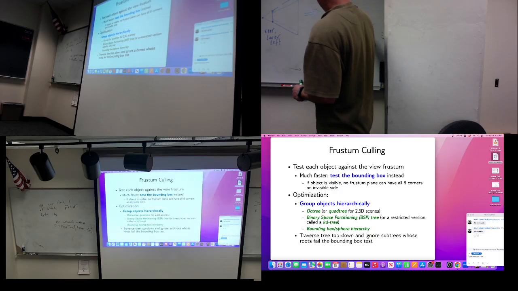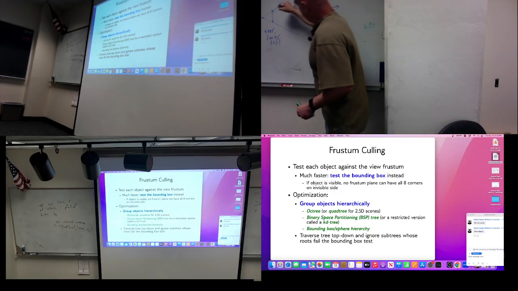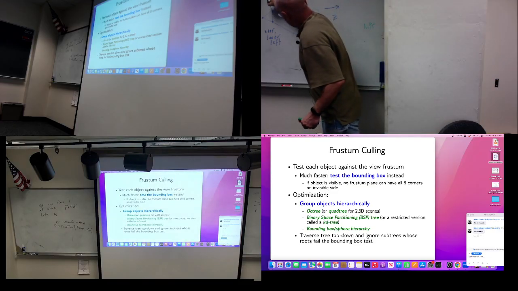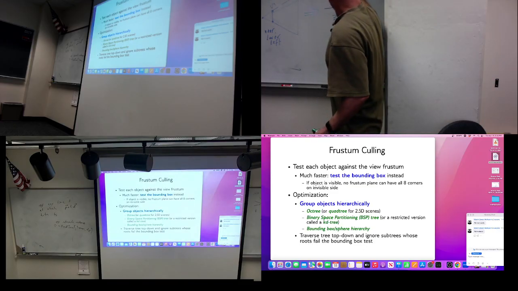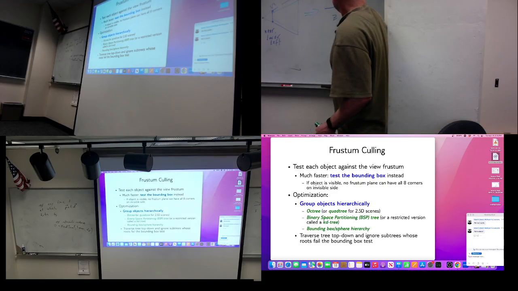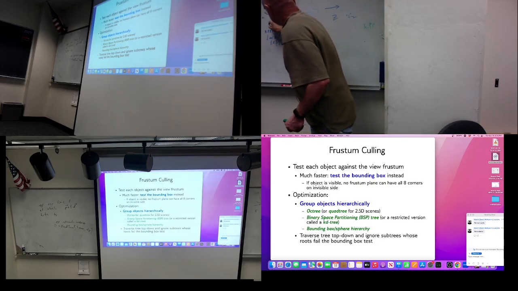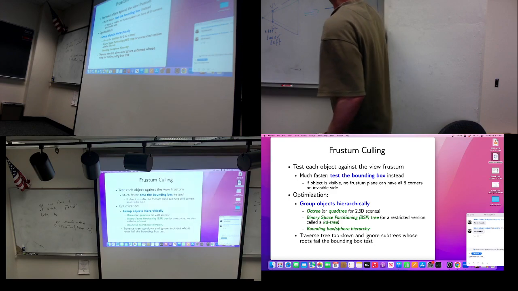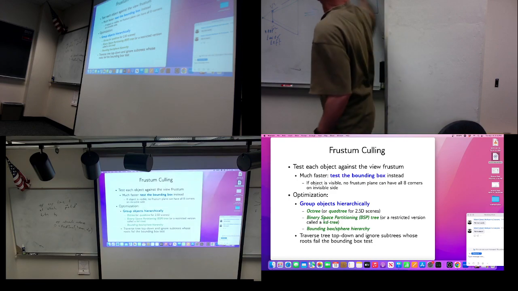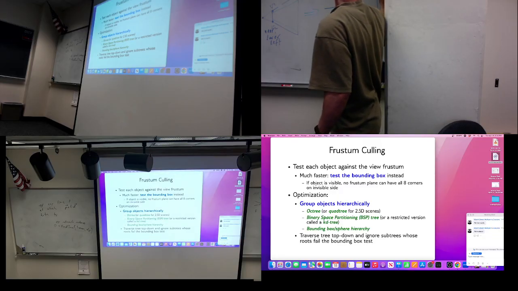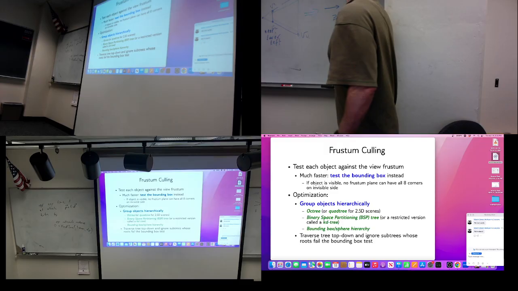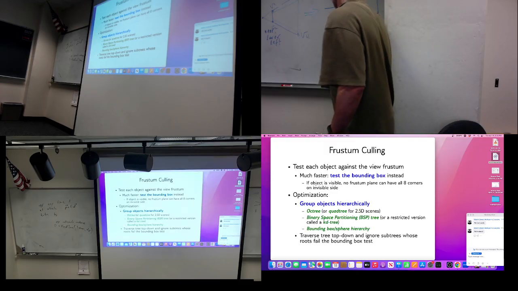So this will be the z direction. V1 will be mapped to V1 over here, V2 to V2, V3 to V3, and V4 into V4.